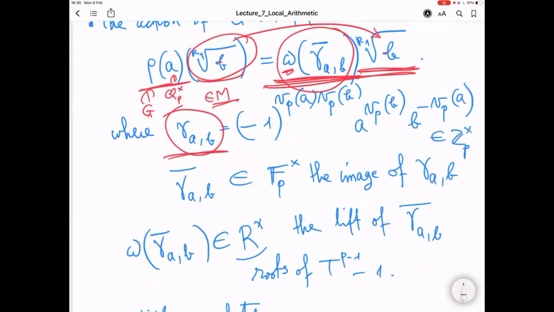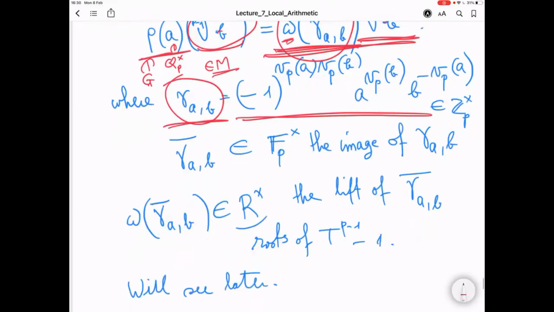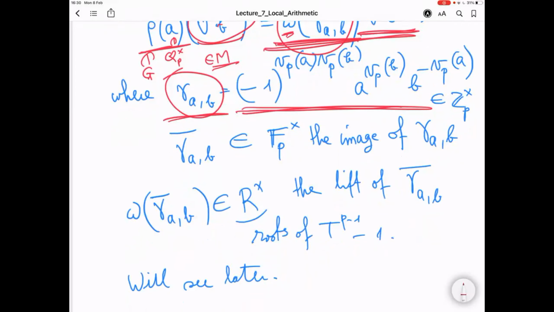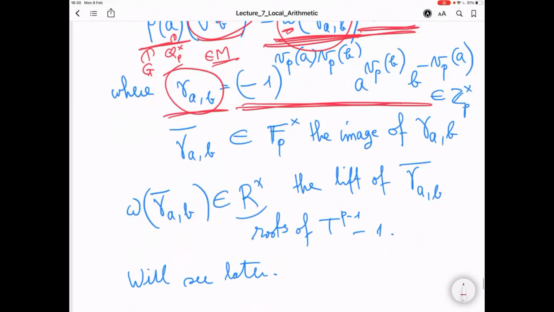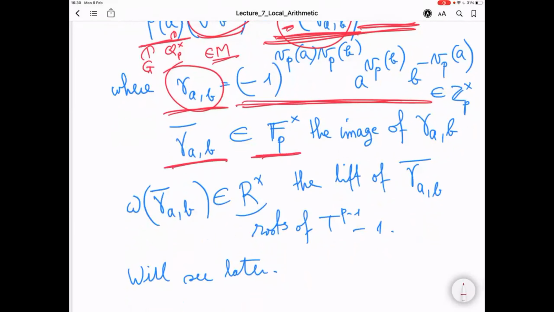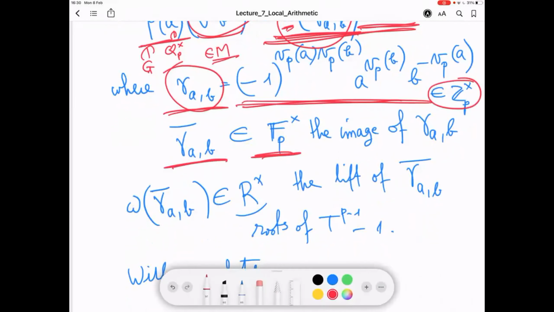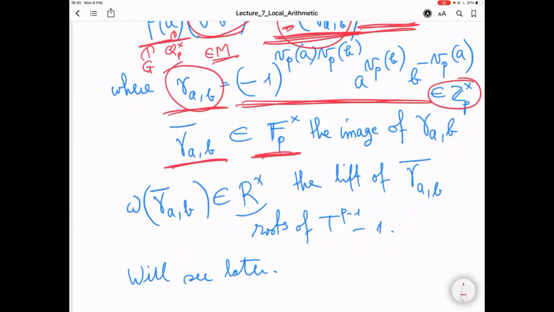So first, gamma_{a,b} was this expression which we had used in order to define the Hilbert symbol earlier. But now, instead of taking the lambda_p of this expression, which is what we did to define the Hilbert symbol, I just take its reduction modulo p. So I get an element of F_p star. This here is a unit, right? So its reduction modulo p is an element of F_p star.